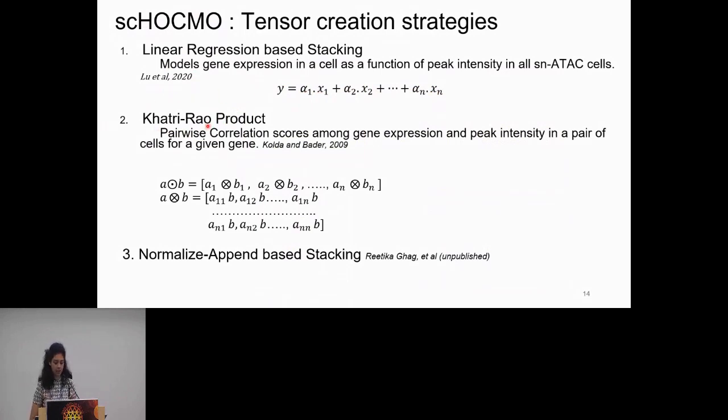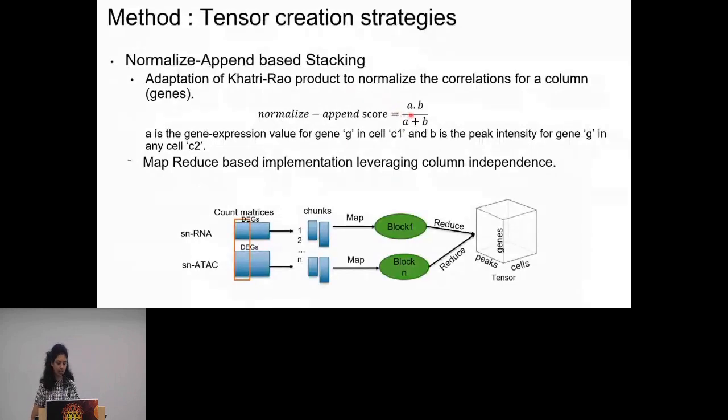The second is a Khatri-Rao product, which is a mathematical concept, and for a given common axis, in this case, it's the gene, it computes the pairwise correlations among gene expression and peak intensity. Finally, we developed a novel normalized append-based stacking method, which is an adaptation of the Khatri-Rao product and normalizes the pairwise correlations.